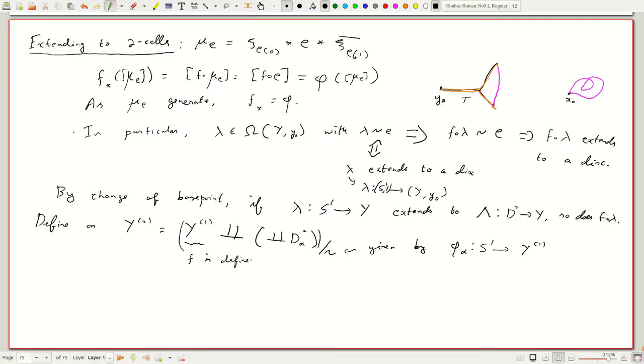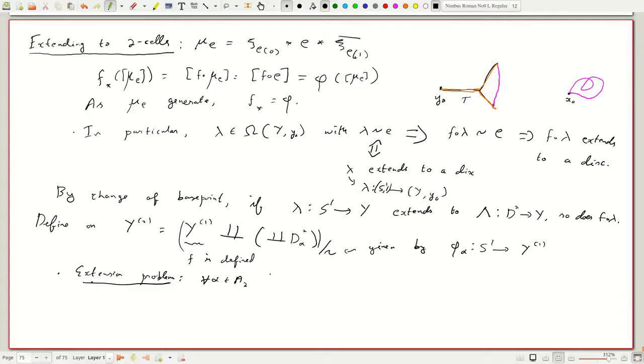So all we need to see is that for any given cell, we have to be able to extend to the interior. So this is defined, and the boundary is already identified with a point in Y1, and hence what we have is the extension problem for all alpha, and whatever this is, A2 according to our notation.